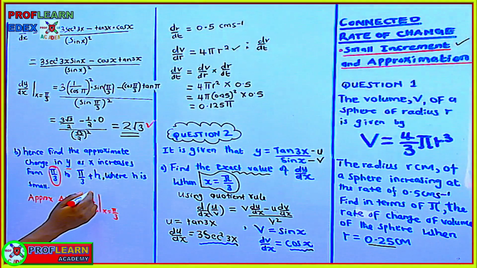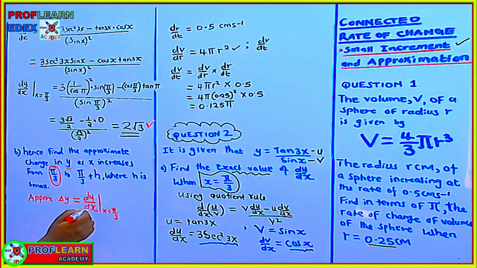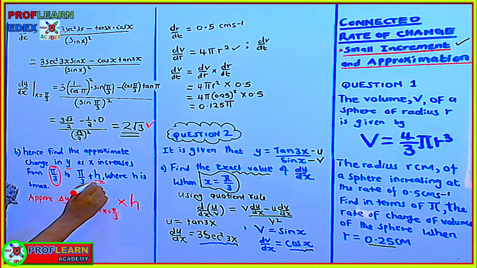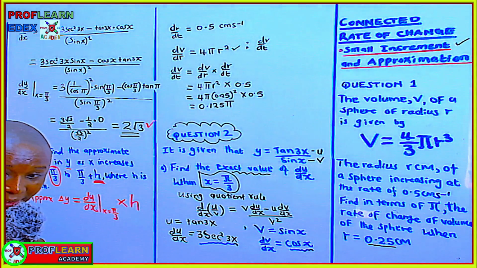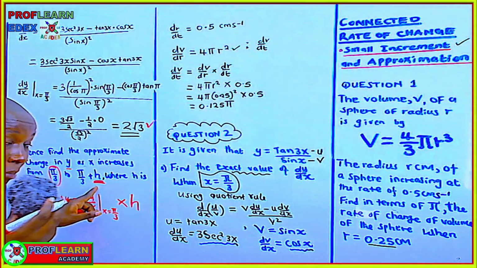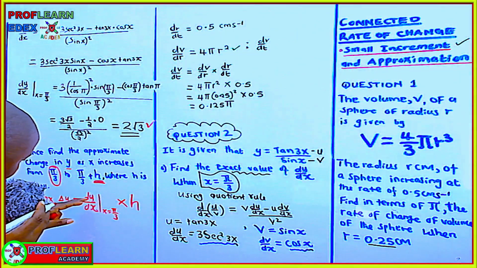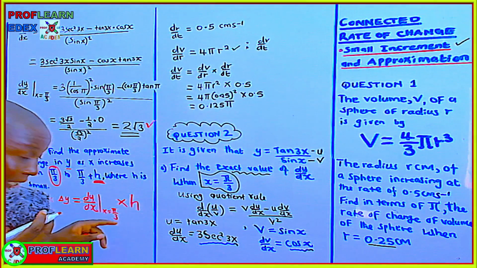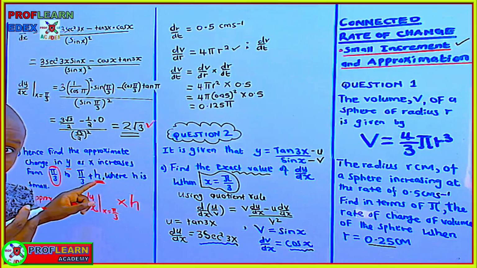Basically, the answer you got here as dy/dx when x is pi over 3, just multiply by h, this value that they are giving you here. If that value that they are writing here is p, you are going to multiply by p. dy/dx at x equals pi over 3 times the variable they are giving you here.